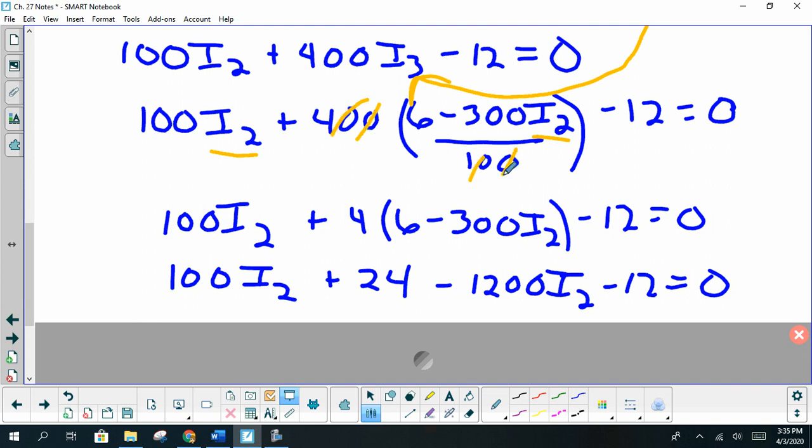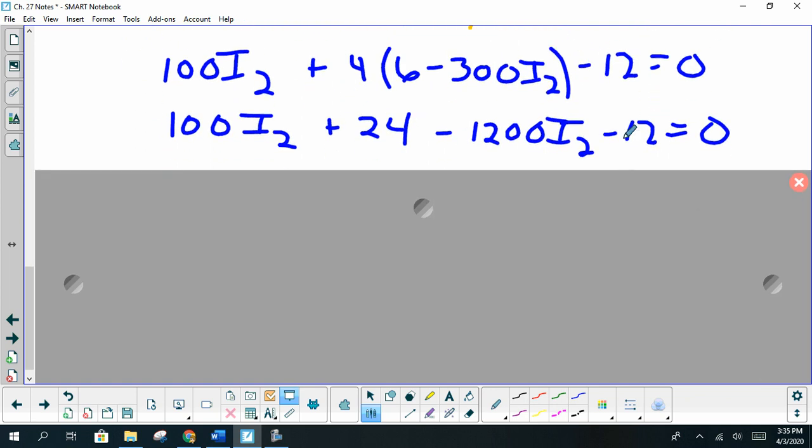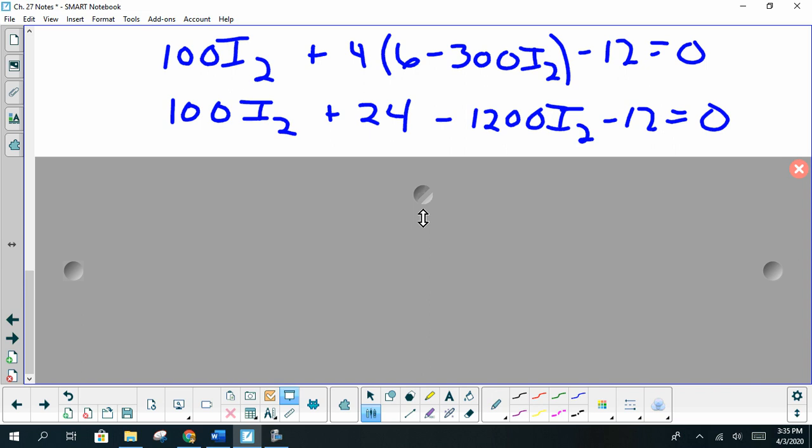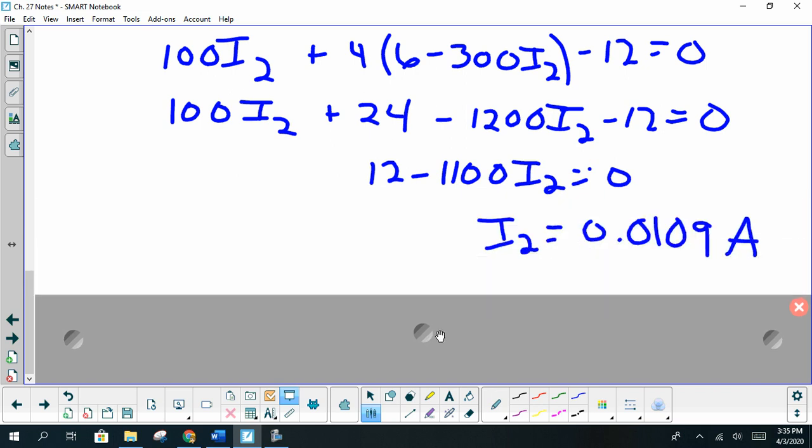Get rid of those 100s, distribute the 4 across the parentheses, combine like terms, all of that order of operations goodness, and we end up with a current that is 0.0109 amps.